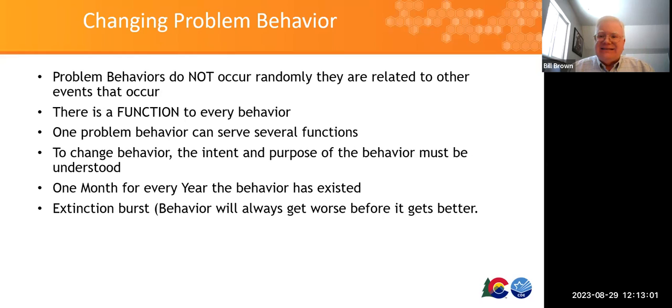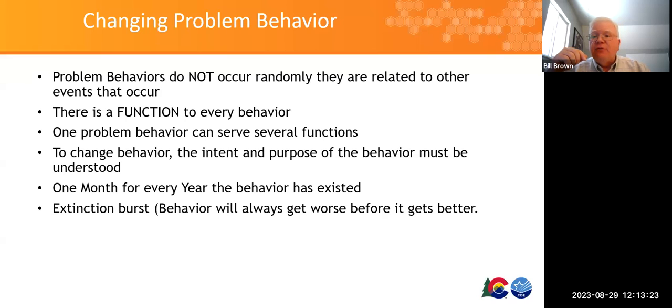The other thing we need to take into consideration when talking about changing behavior is an extinction burst. And so what an extinction burst is, it means the behavior will always get worse before it gets better. So what has happened is this child or the student has acted out a very small amount, and that gets them exactly what they want or gets their needs met.